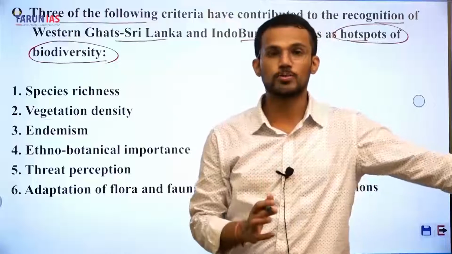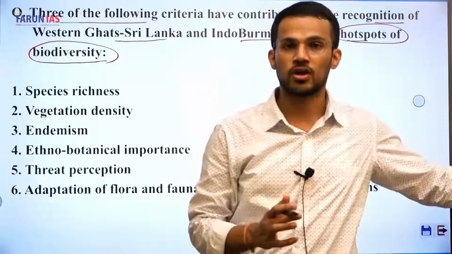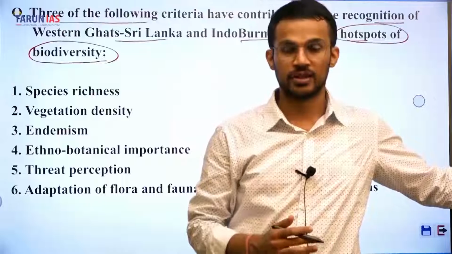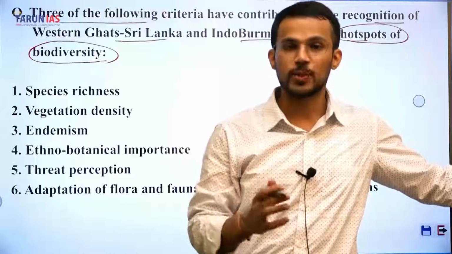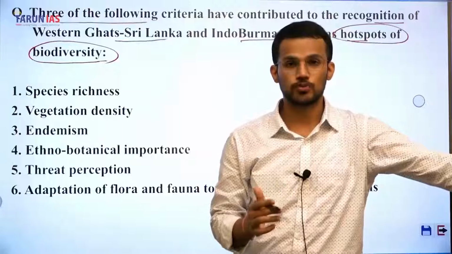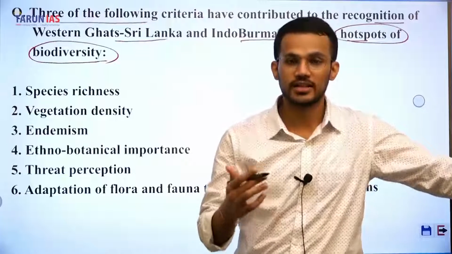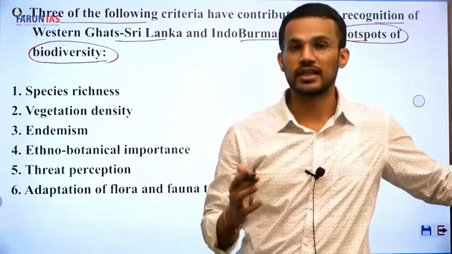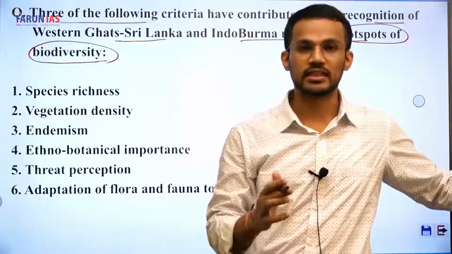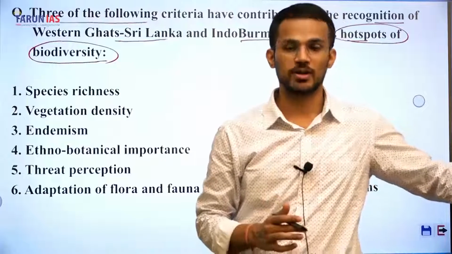This concept of biodiversity hotspots was first given by Norman Myers. Thereafter, this particular term, biodiversity hotspot, was taken over by Conservation International, which is a non-governmental organization in the United States of America.